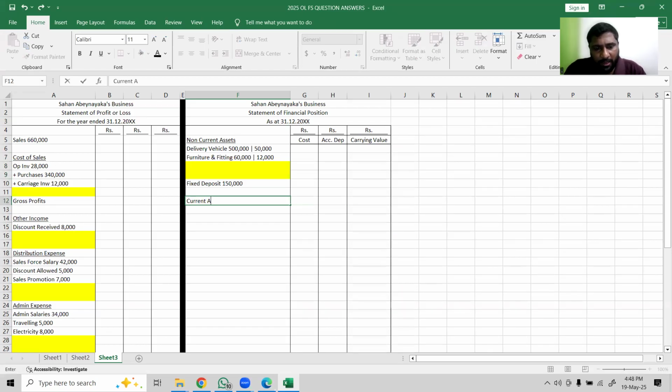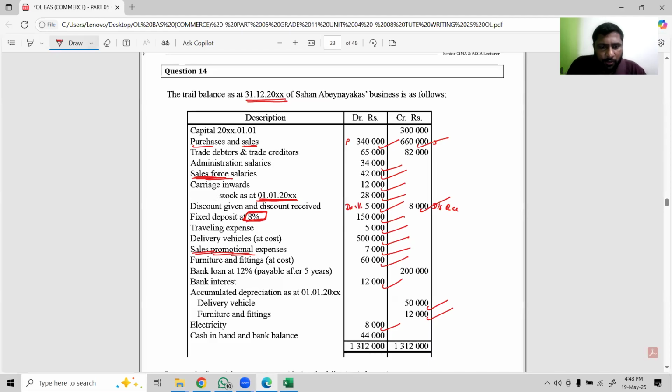Now we'll go for current assets. I told you, first seat always reserved for the closing inventory. After that, we can write the trade debtors. So debtors and creditors, they have given both. Debtors are debit values, assets. Creditors are credit values, liabilities, 65,000.